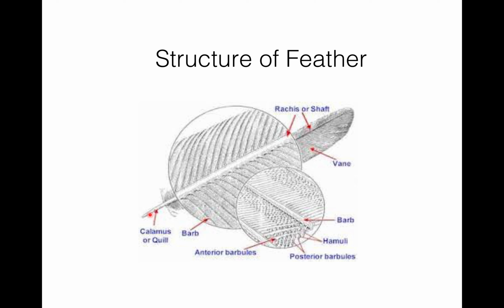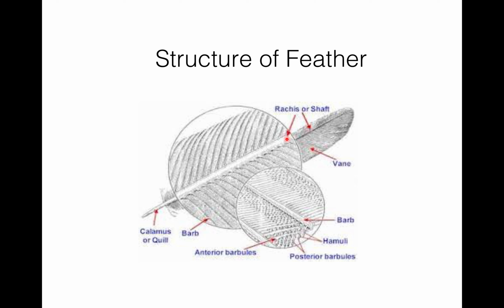Then the rachis. This is the rachis. It is also known as the shaft. It forms the longitudinal axis of the vein and it differs from the calamus because it is stiff, solid, opaque and roughly quadrangular in transverse section, and it is filled with a closely packed mass of pith cells.